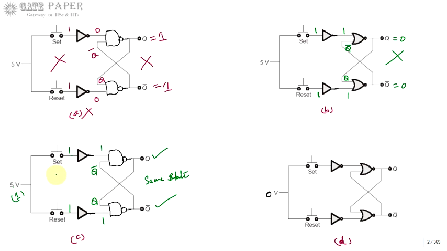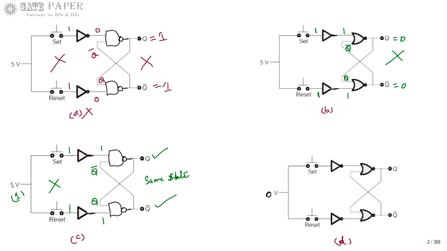So this cannot act as SR flip-flop, because you don't get set state, reset state. Okay. So A and B, you are not going to use it as SR flip-flop, because the flip-flop property itself is going to be violated, and C is going to be always in the same state.